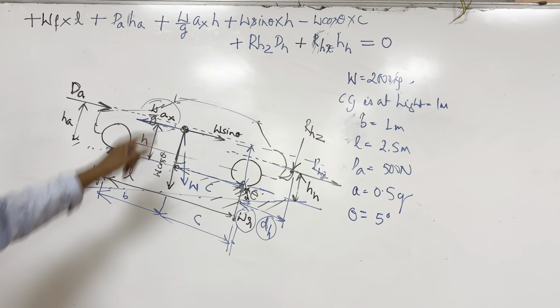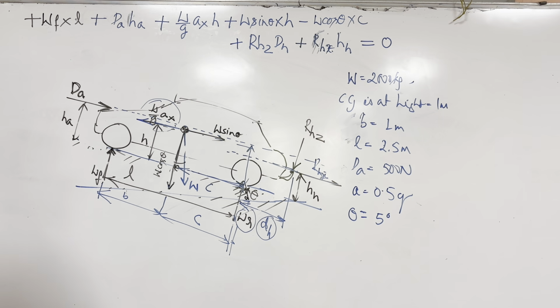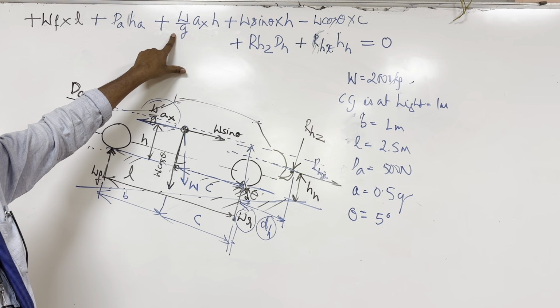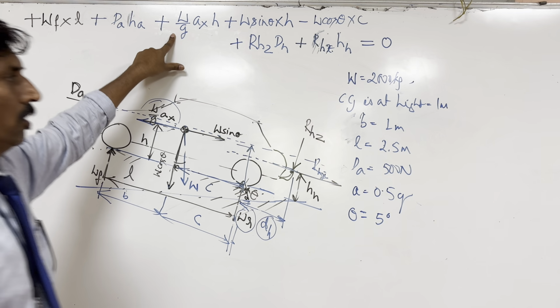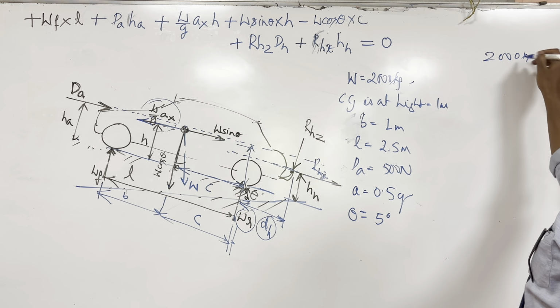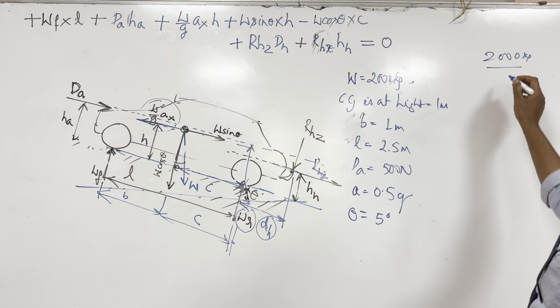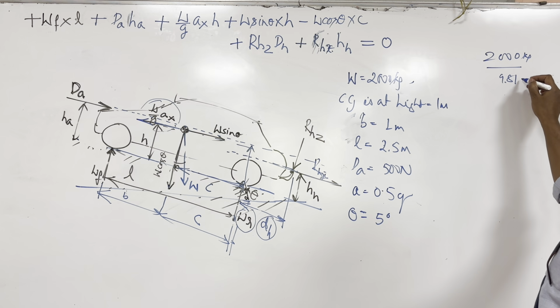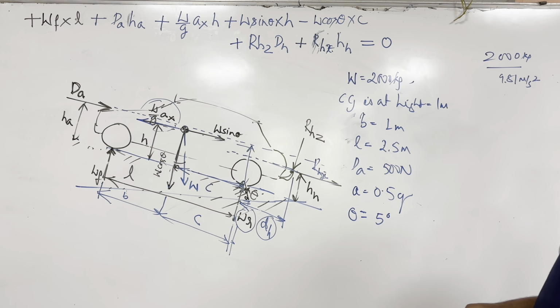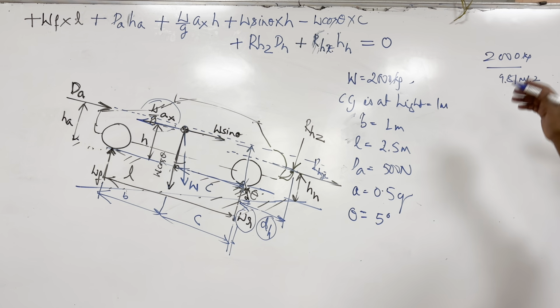So weight in kgs divided by g, 9.81 meter per second square, gives the mass.